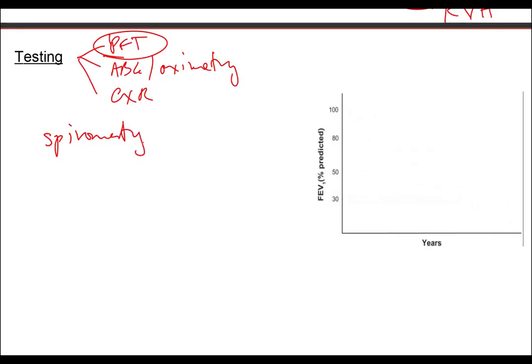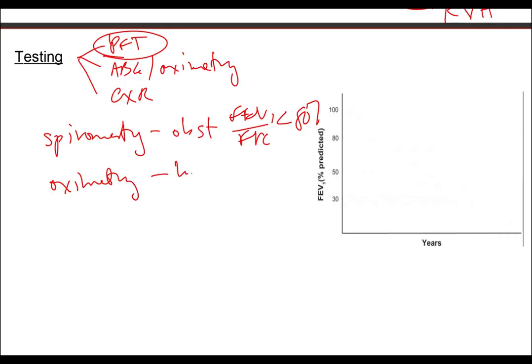So this is an obstructive lesion, so it's an obstructive pattern, which means that our FEV1/FVC is less than 80%. When we talk about our oximetry, or arterial blood gases, we're really not going to see hypoxia until really late in the disease.